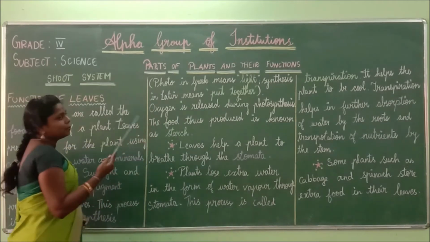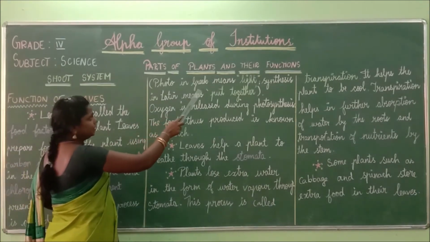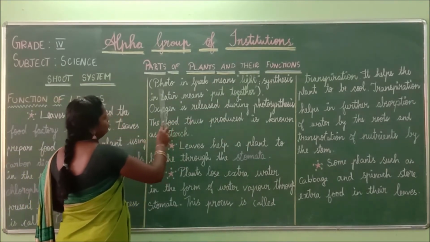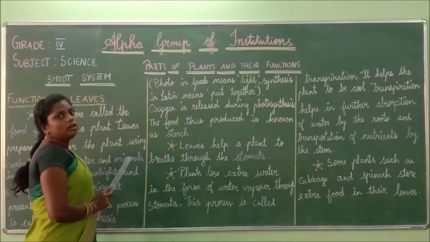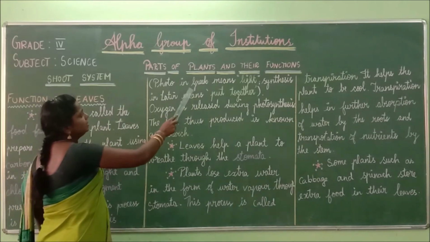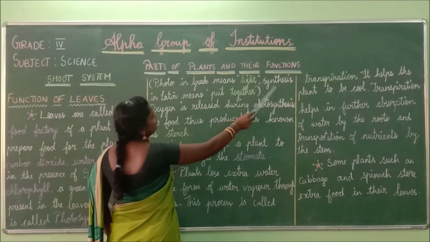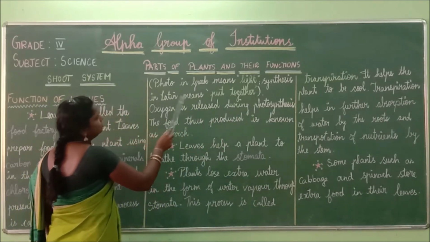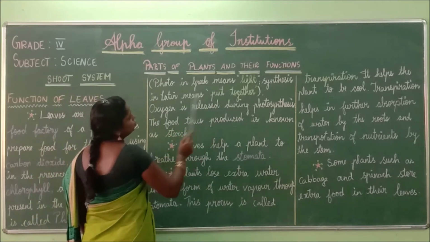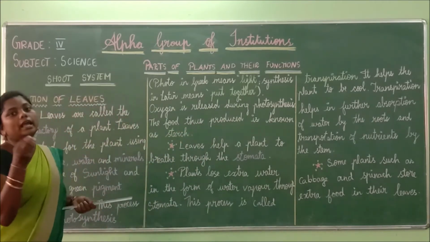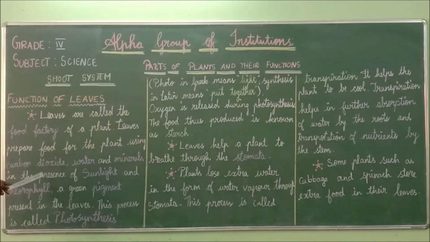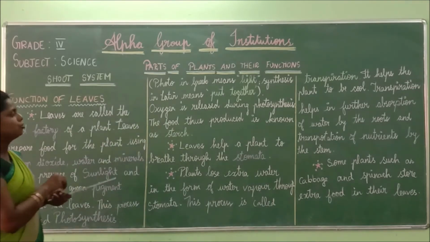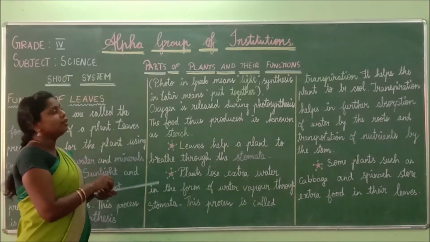Photo. What is the meaning of photo? In Greek, light. Photo in Greek means light. Synthesis in Latin means put together. So with the help of light, all these things, carbon dioxide, water, minerals, are put together and prepare the food.